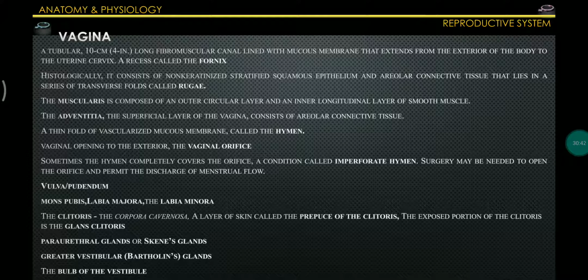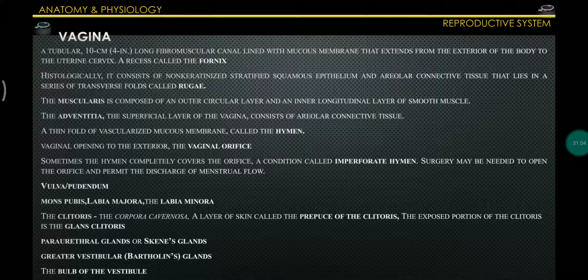The muscularis is composed of an outer circular layer and an inner longitudinal layer of smooth muscle, and the adventitia is the superficial layer of the vagina, which consists of areolar connective tissue. The thin fold of vascularized mucous membrane is called the hymen.